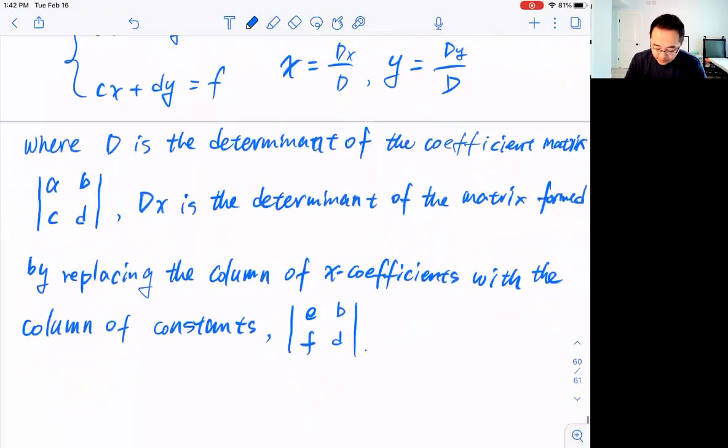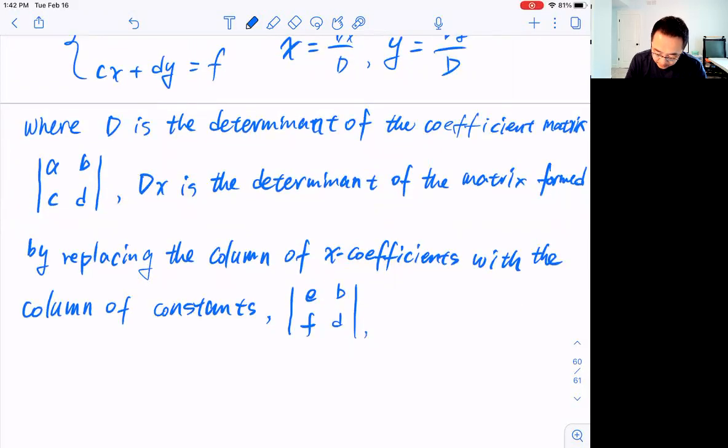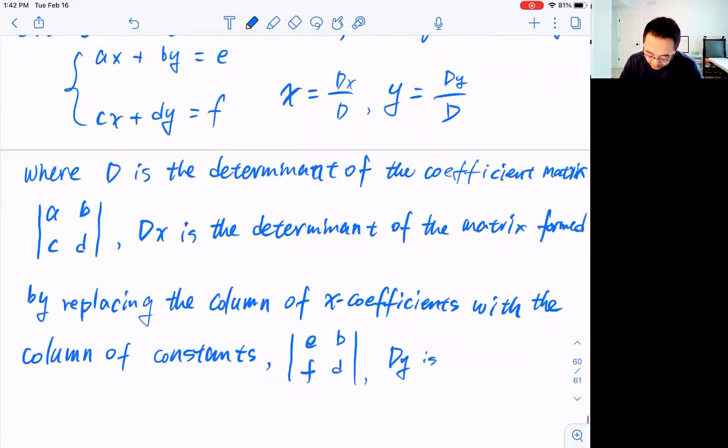Okay, similarly, okay, dy is the determinant of the matrix replacing the y coefficients of b and d with e and f, the constants. So you have a, c, and e, f. So you replace these two with the constants right here.